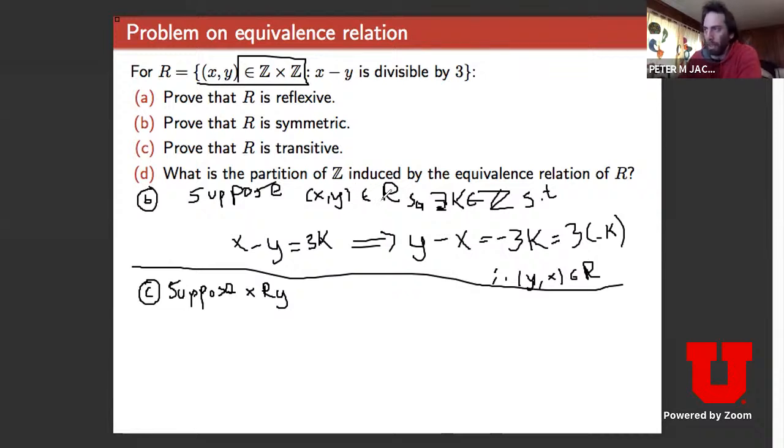It's kind of implicit, because this relation is defined on Z cross Z, so you don't really need to say that. Okay, x is related to y and y is related to z. They're all integers because this relation is on integers. All right, we want to show that x is related to z. So does anyone have any ideas?